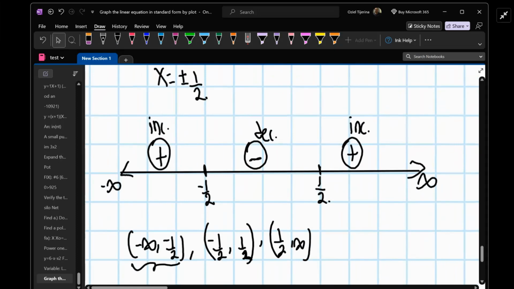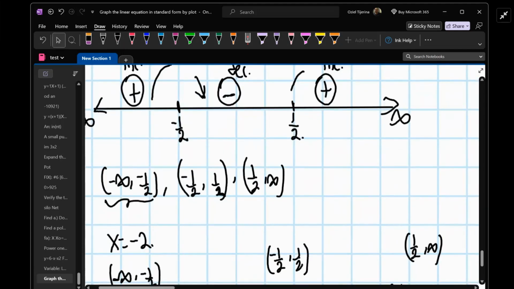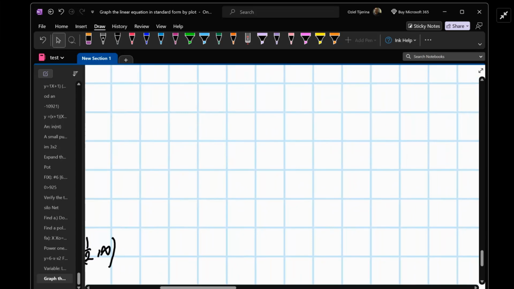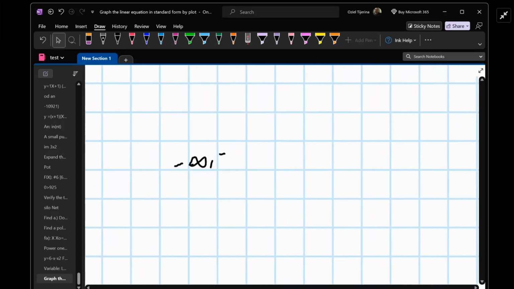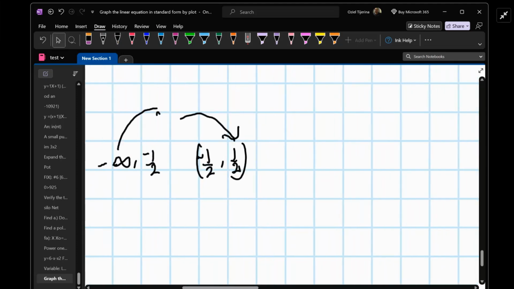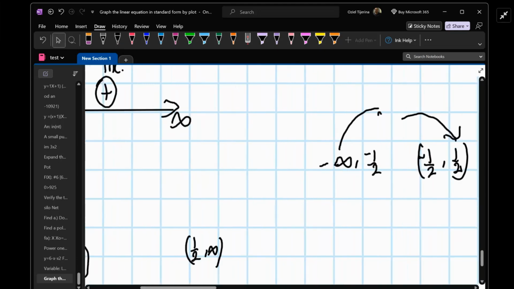Okay, so now we know it goes increasing, then decreasing, and then increasing again. From -infinity to -1/2 it's increasing, and from -1/2 to 1/2 it's decreasing. So it goes like this. And then from 1/2 to infinity, it's increasing again.